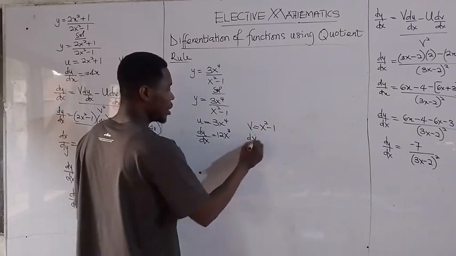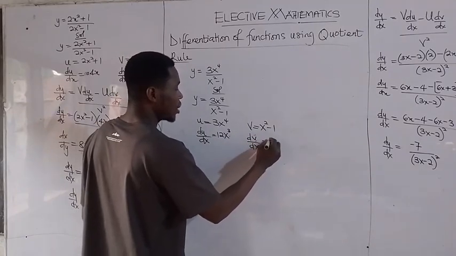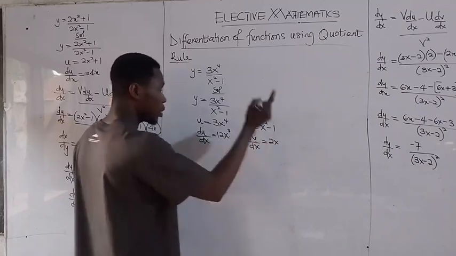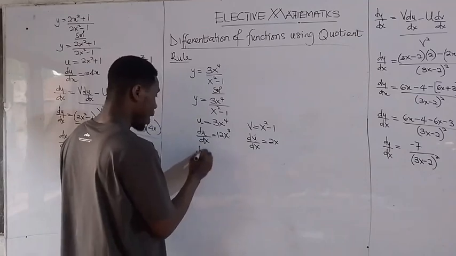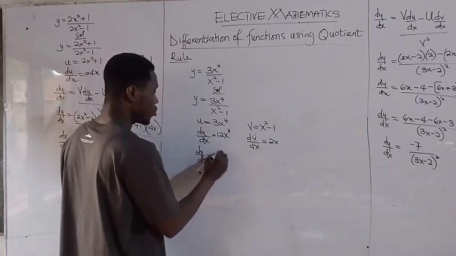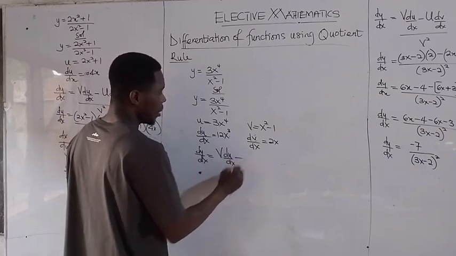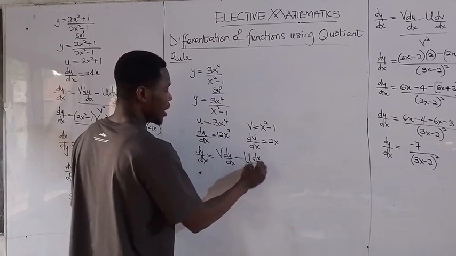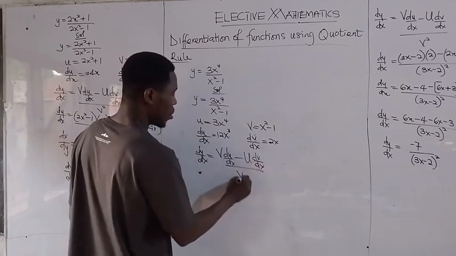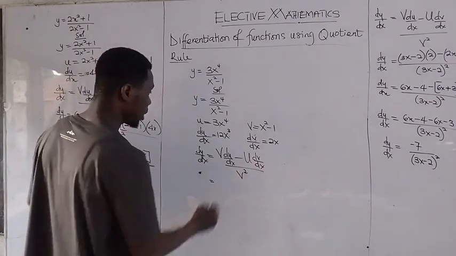So dv over dx will give us 2x, the constant will go. For now, we are good to go. So our dy by dx is equal to v du by dx minus u dv by dx all over v squared.